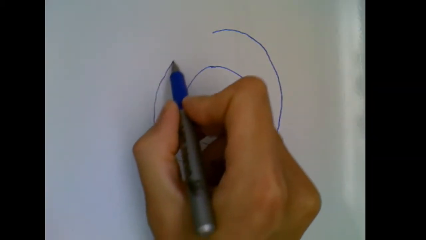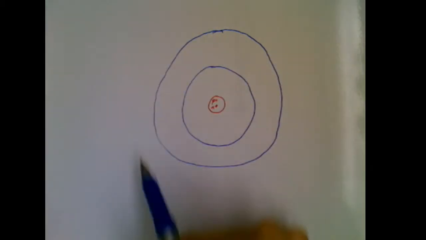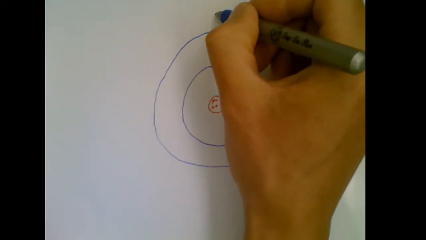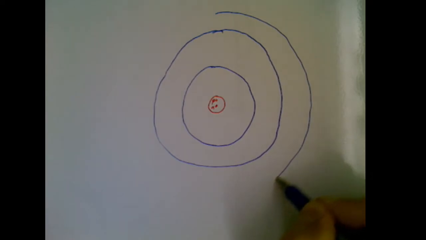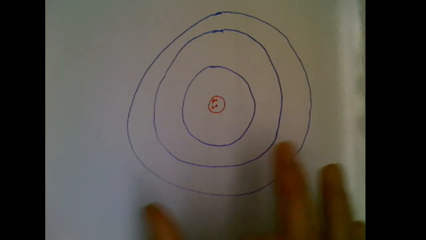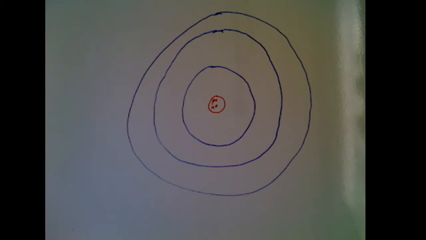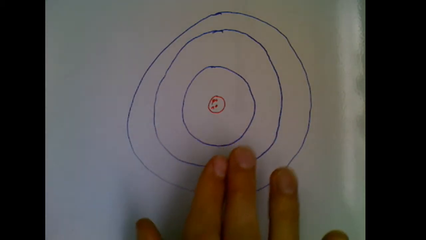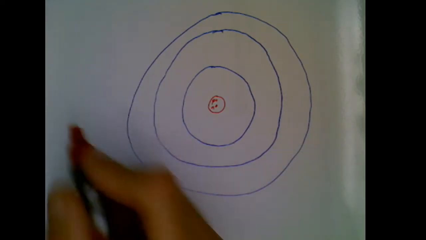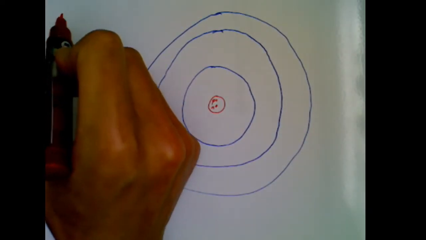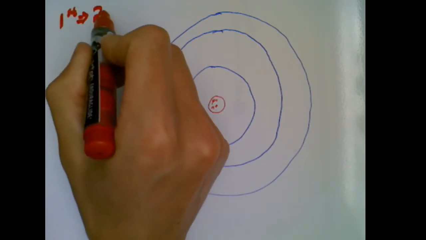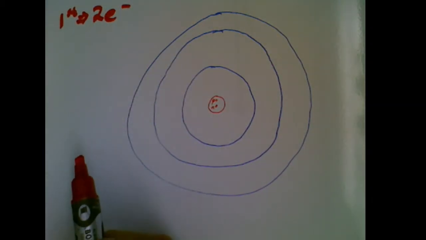And the reason they're called orbitals is because they're kind of like the orbit of planets around the sun. He also said that these orbitals can only contain a certain number of electrons depending on which orbital they are. So the first orbital, the first ring, he said could only hold a maximum of 2 electrons.